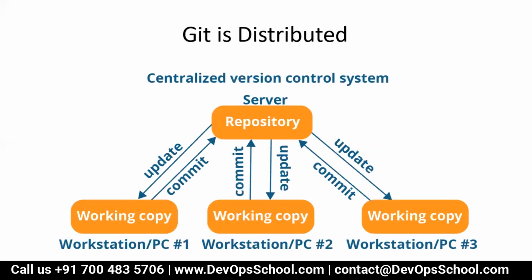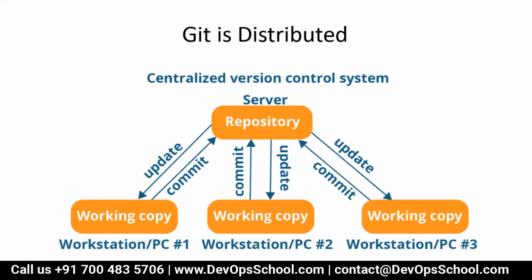Okay, so now let's get into understanding why Git is distributed, whereas other tools are not distributed. The answer is hidden in this image. If you look at this, you have a repository.